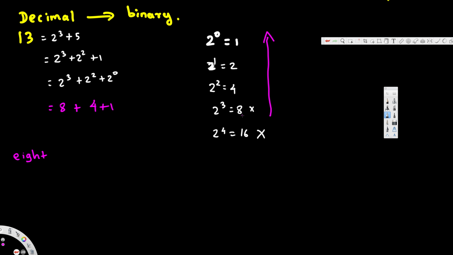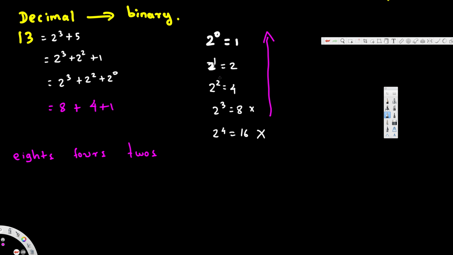Okay, we are going in this order, the power of 2 order: 8s, and after that we have 4s, and after that we have 2s, and here we have 1s. In our case we have one 8, one 4, and we have one 1.